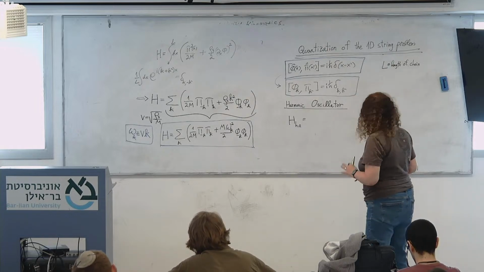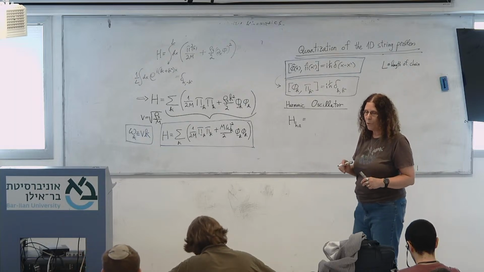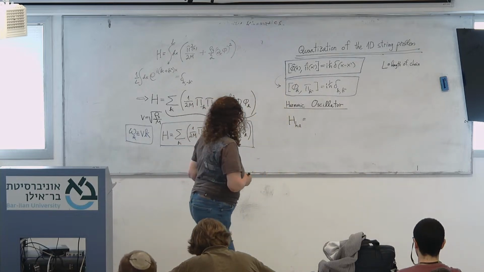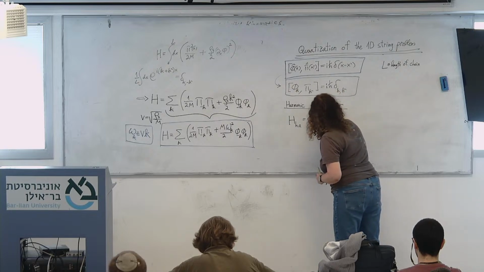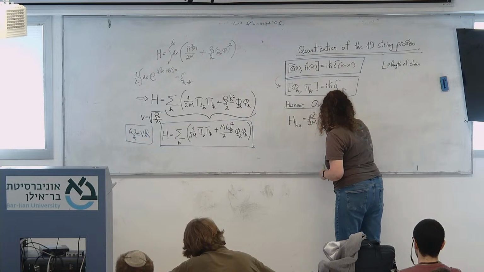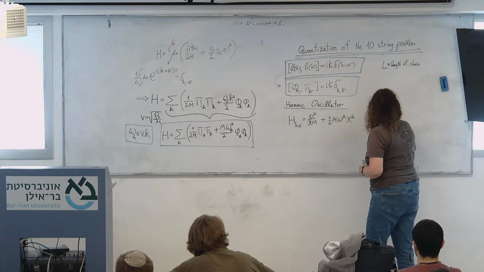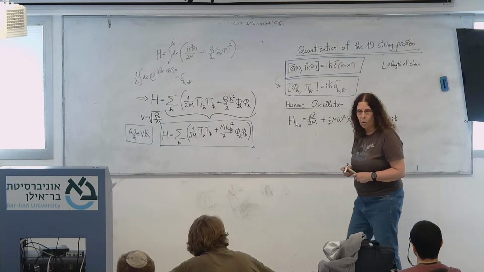Where x is now, don't get confused, the coordinate, which is a quantum operator, the position operator. The harmonic oscillator is p square over 2m plus half m omega square x square, where x and p are quantum operators that obey the canonical commutators.